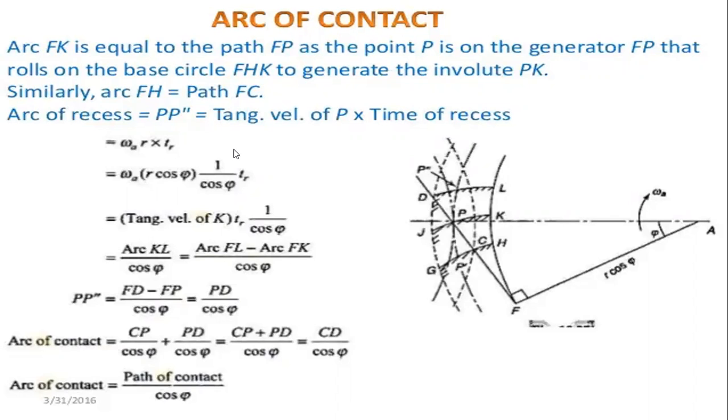So that is taken as PP double dash. And the arc of recess is taken as PP double dash, which is equal to the tangential velocity of P into time of recess. So that is equal to the tangential velocity and the time of recess.